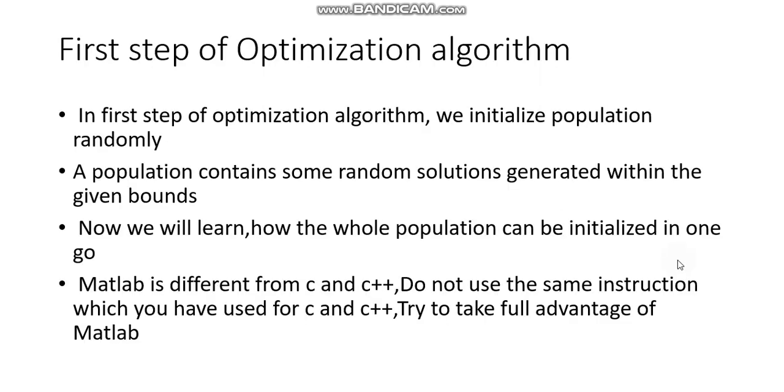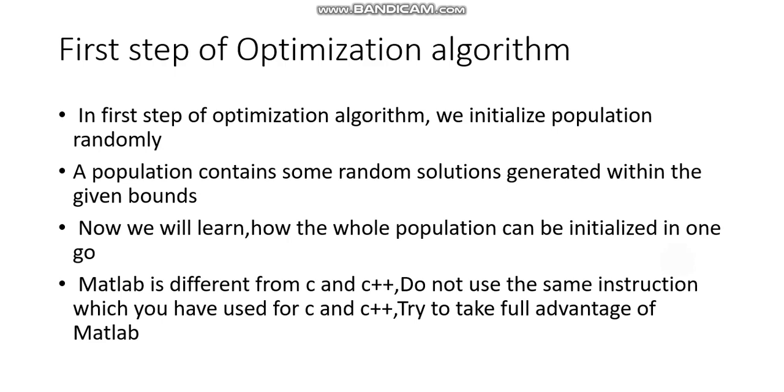As we have already discussed, an optimization algorithm follows some steps. Basically all optimization algorithms follow the same steps, only the equations are different. The first step of any population based optimization algorithm is that we have to initialize the population randomly.